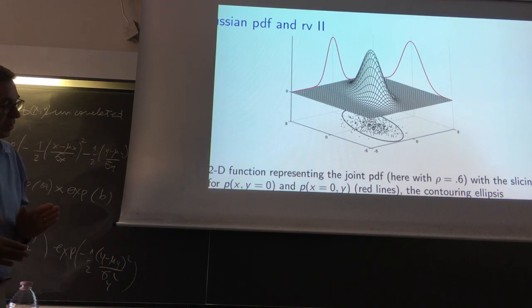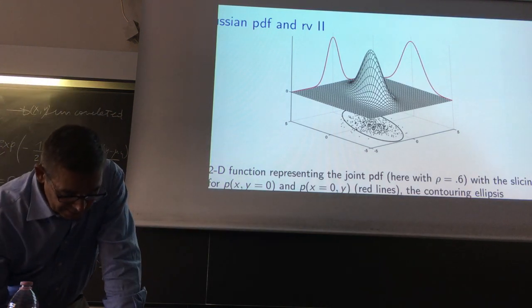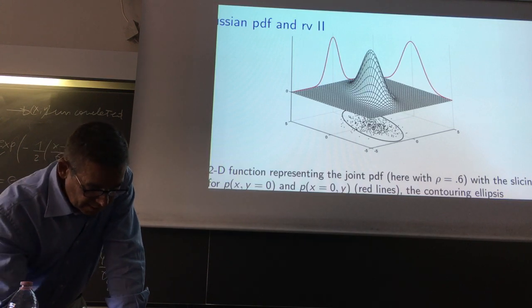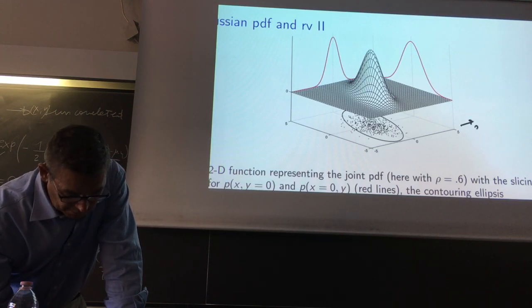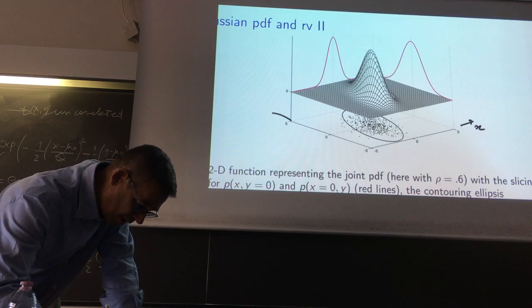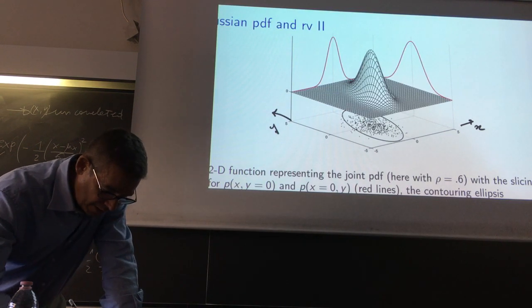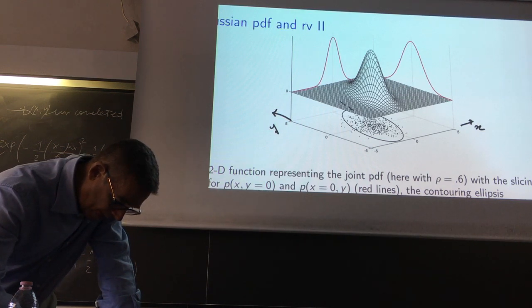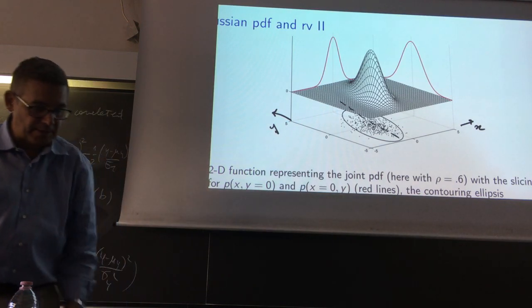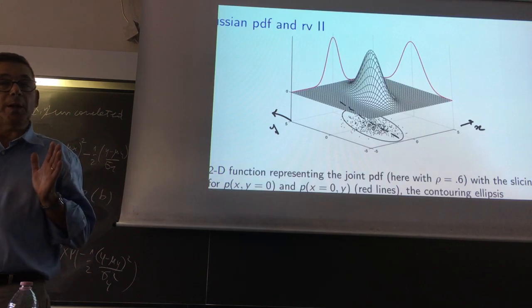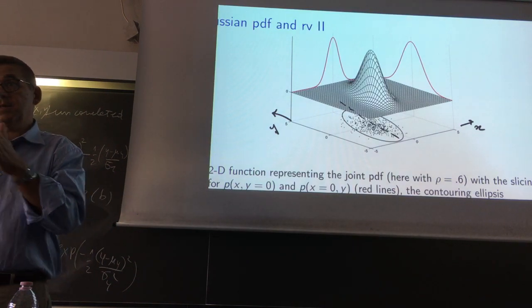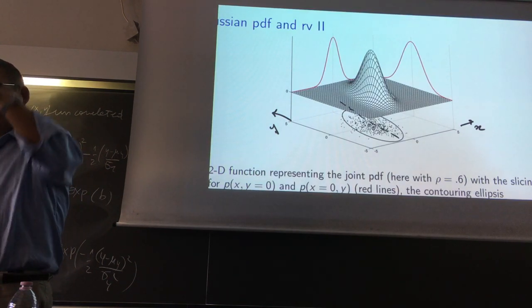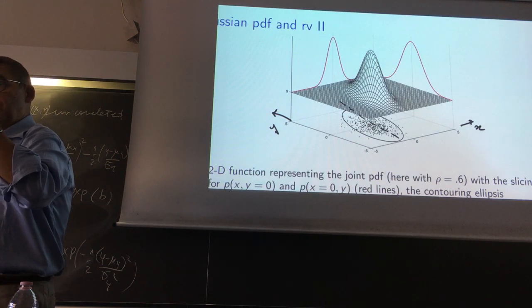Look at the axes: this axis is x and the other axis is y. So you see, it is tilting. So rho is deciding how to tilt this bell shape.